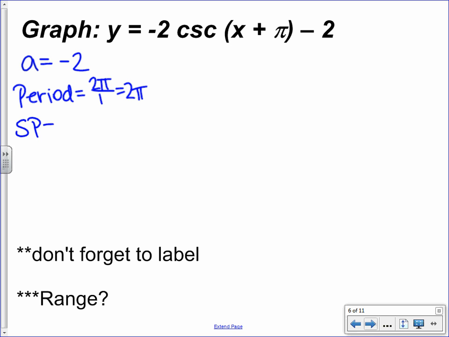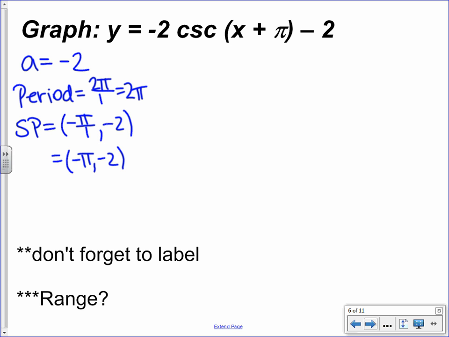Our starting point, what is our C value? Careful. Negative. -pi divided by B, comma D. So our starting point is really -pi, -2. Okay. So what I'm going to do is, anything I do in green, I would do very, very, very lightly on your paper.